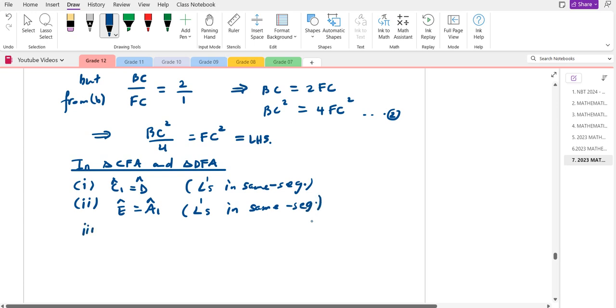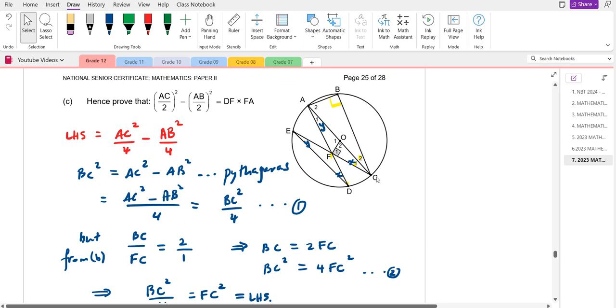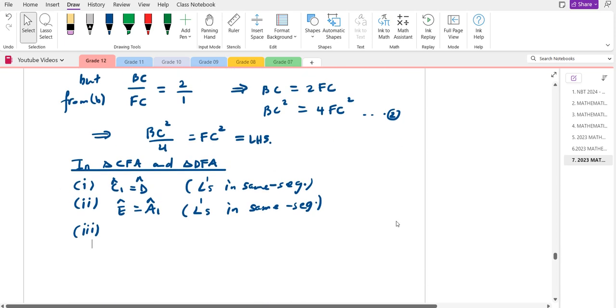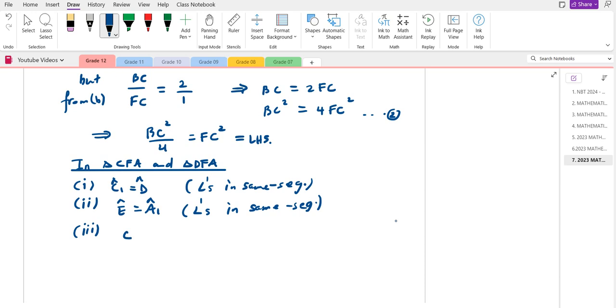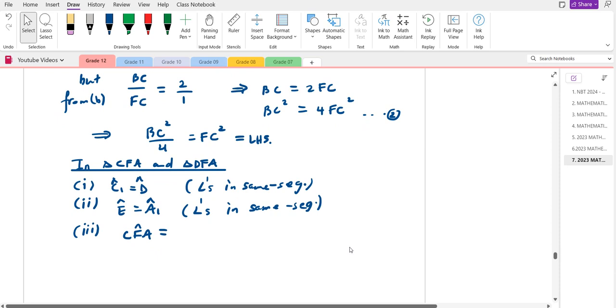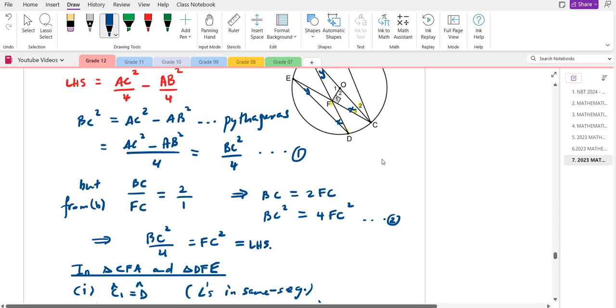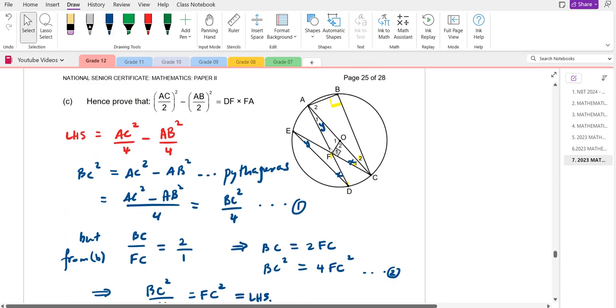And the third angle will be CFA and DFE. Why did I write A here? Should be DFE. I'm proving CFA and DFE.